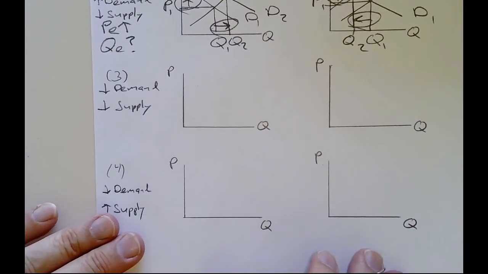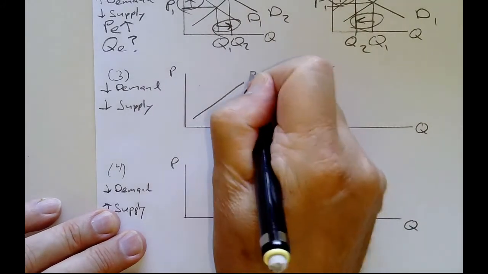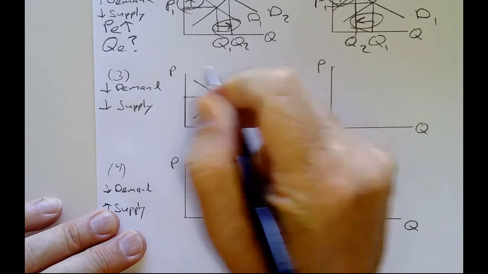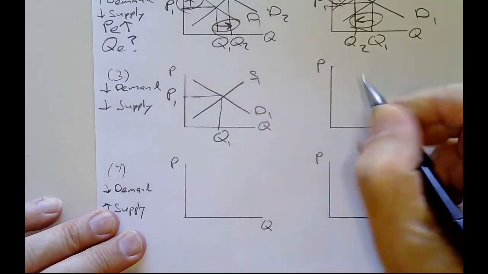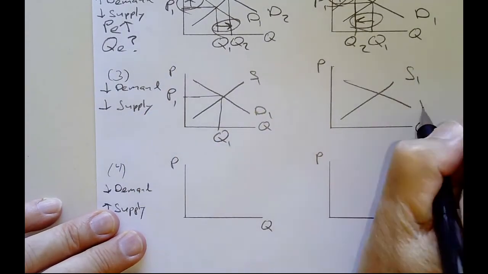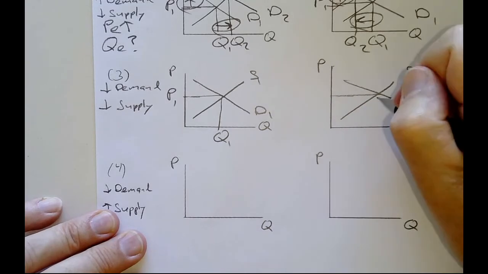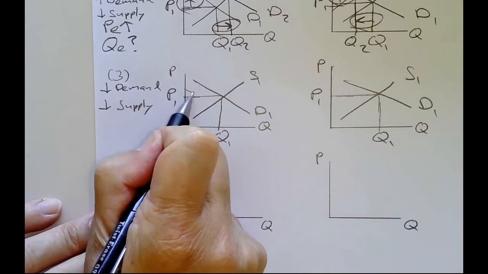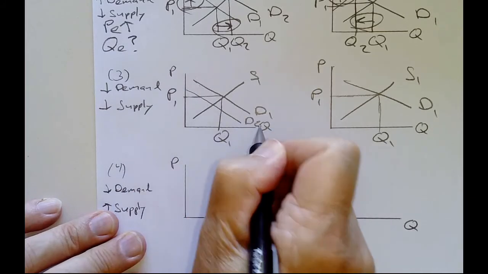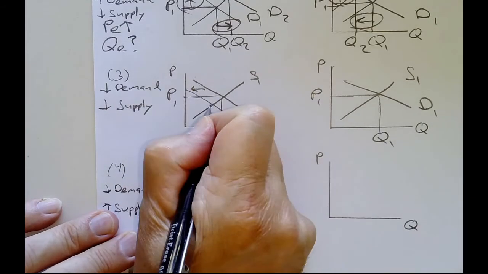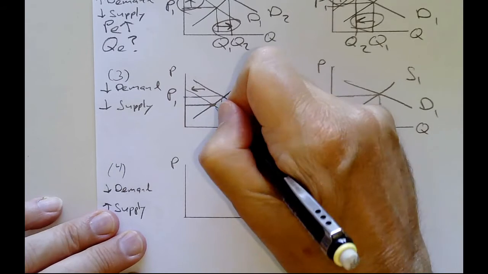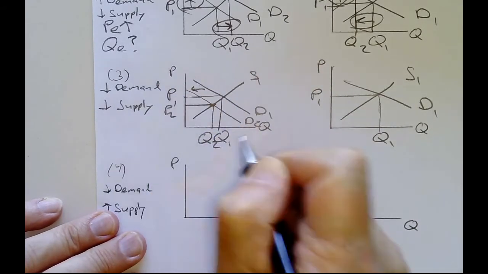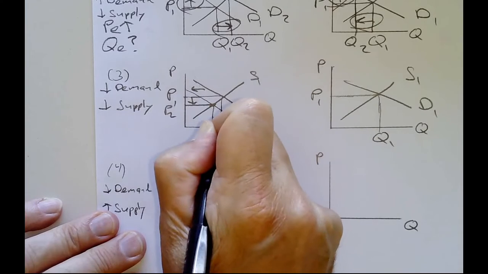We can have lower demand, lower supply. Lower demand means it shifts inward to the left, and there's the new equilibrium point: lower price, lower quantity.